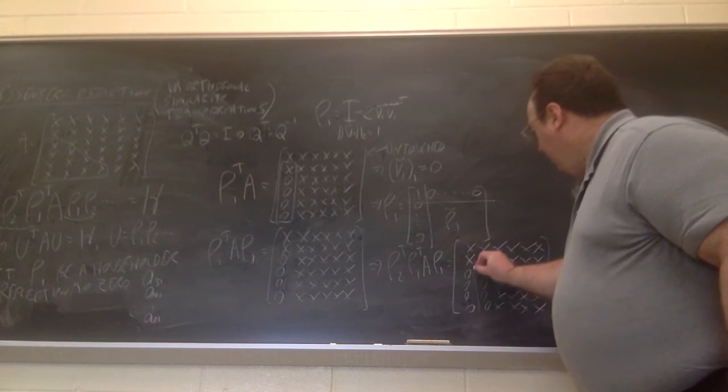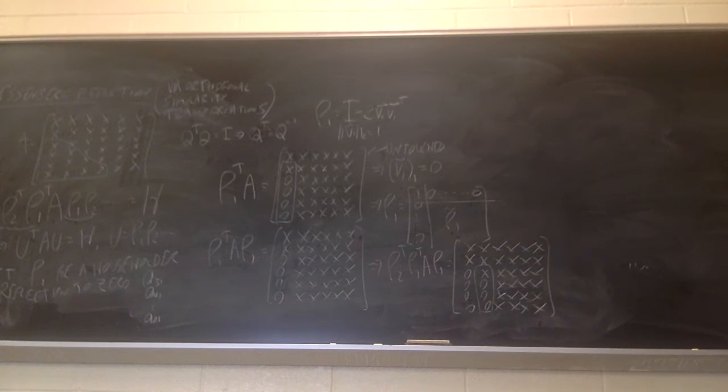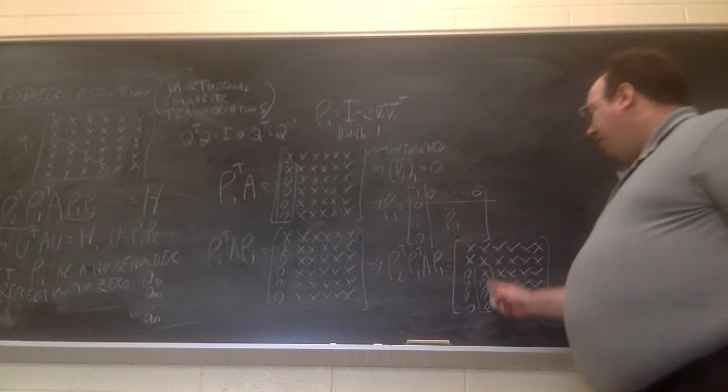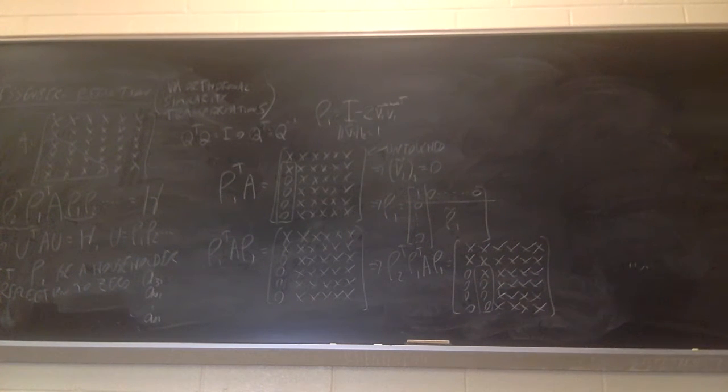So now, this is not touching the first 2 rows. Only rows 3 on down, to wipe out everything below the third entry. So you can see how this is going to unfold. I'm going to keep multiplying by householders on the left, the same householders on the right.